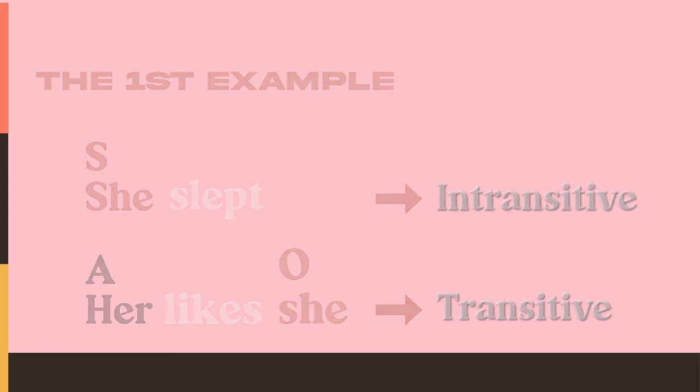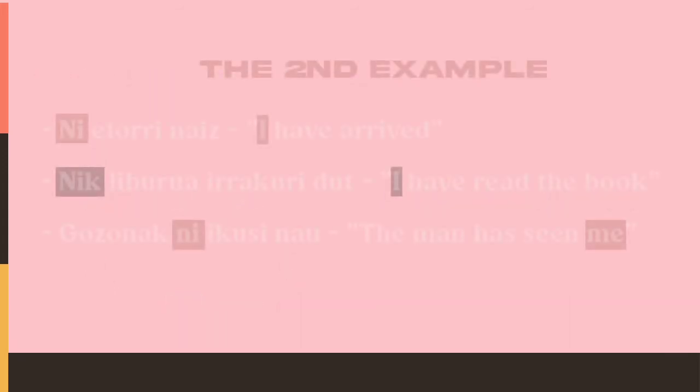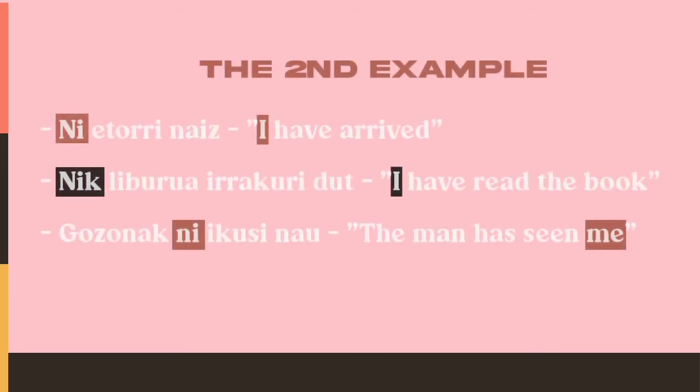Now let's move to the second example. The second example is the Basque language, which is spoken in southern France and northern Spain. In Basque, the absolutive form of a noun is the basic form, and the ergative is formed by adding a suffix to this.